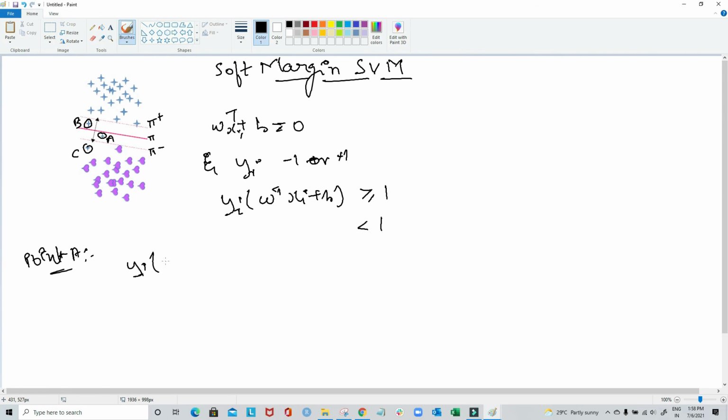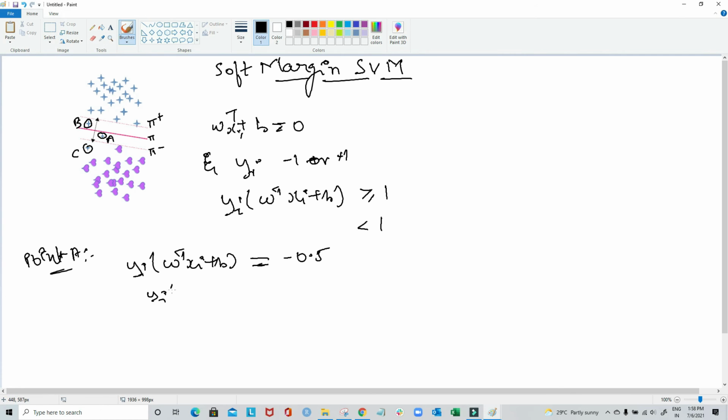As it's in between pi and pi minus, let's assume this distance from pi is 0.5, and it's in the opposite direction of the correct hyperplane. So this can be rewritten as yi into W transpose xi plus b equals 1 minus 1.5, right?